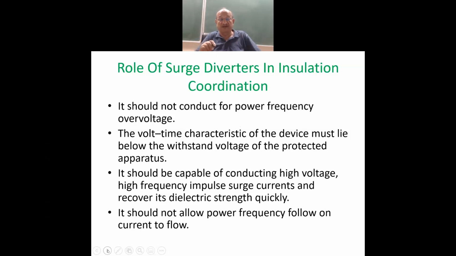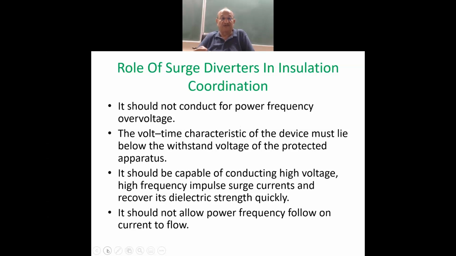That means the protected apparatus, for example a transformer, the level of insulation provided to the transformer should be able to withstand the residual voltage, as we have been talking about. It should be capable of conducting high voltage, short duration impulse surge currents and recover its dielectric strength quickly.